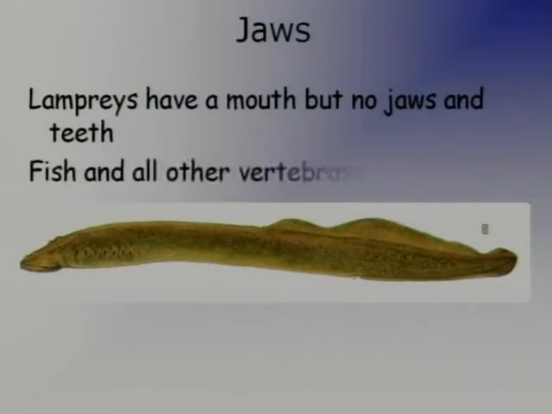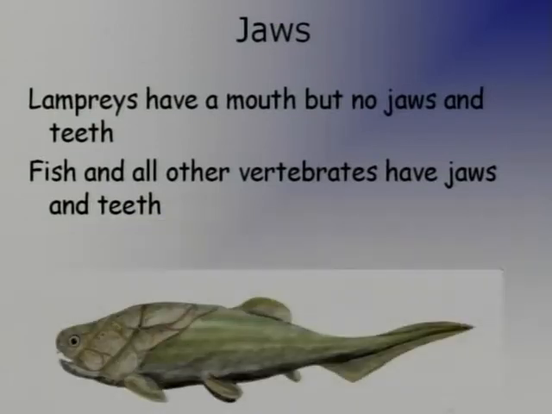For example, the placoderms. So fish and all other vertebrates have jaws and teeth, and one of the earliest types of fish was a placoderm. There's a picture of one here, which has jaws and teeth. And the problem is this transition from a creature with no jaws to a creature with jaws and teeth, there's no transition. It's a sudden change. So you just suddenly find creatures like the placoderm with jaws. So where's the evidence in the fossils for that change? There is none.